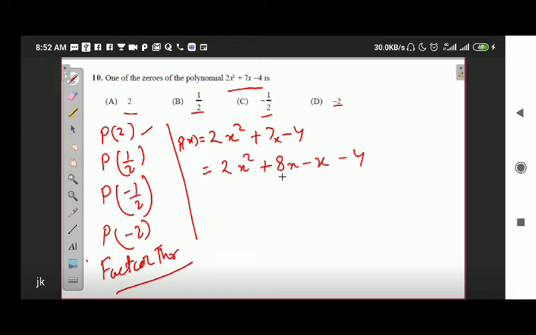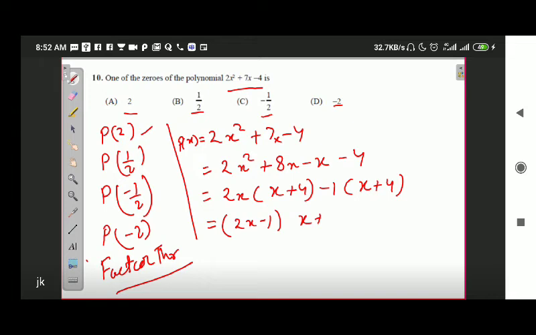Why minus? Because the sign of the constant is negative. Taking as much common as possible, 2x(x plus 4) minus 1(x plus 4), so this will be (2x minus 1) and (x plus 4).